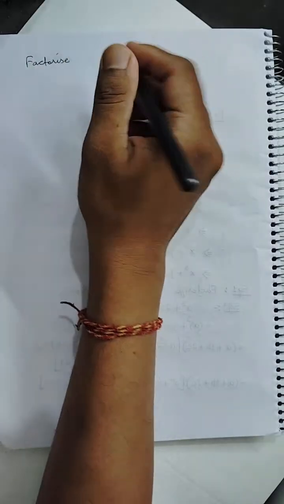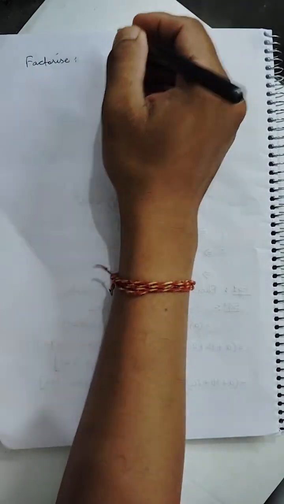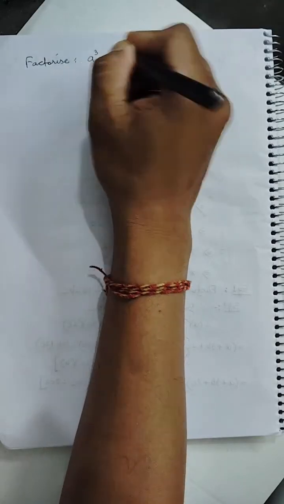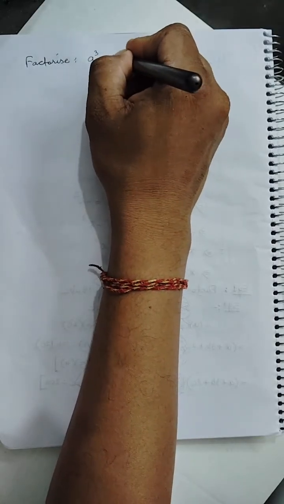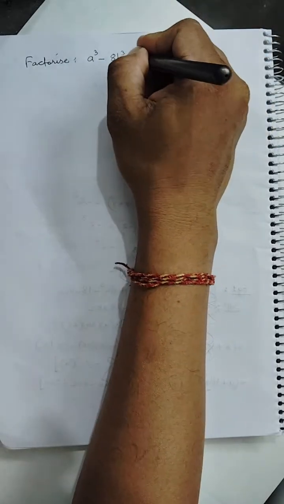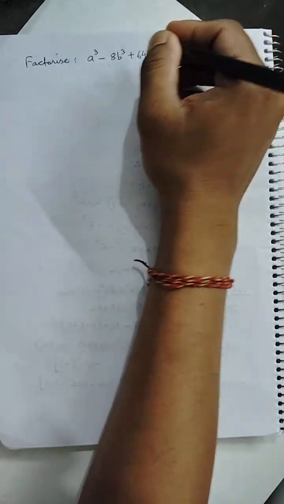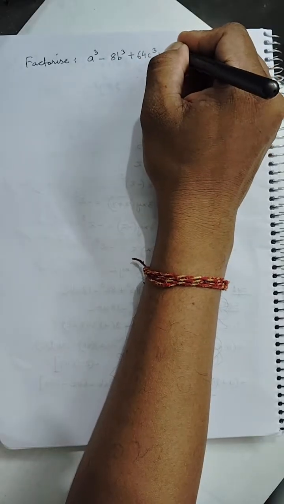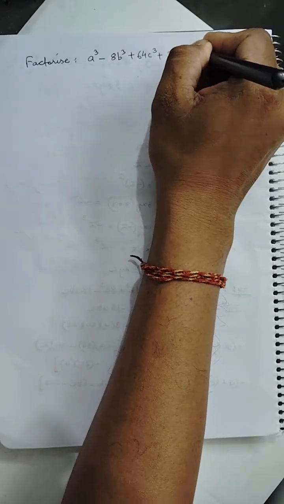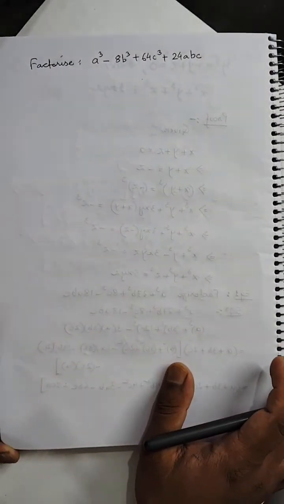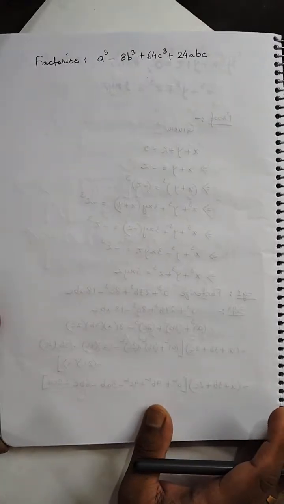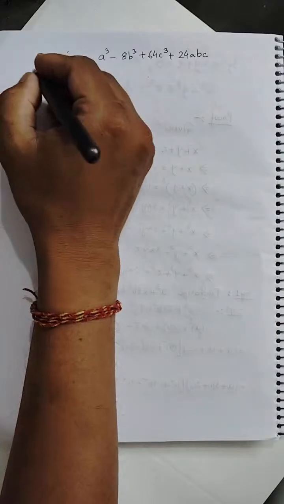Factorize. Let's try with a negative term. a cube minus 8b cube plus 64c cube plus 24abc.